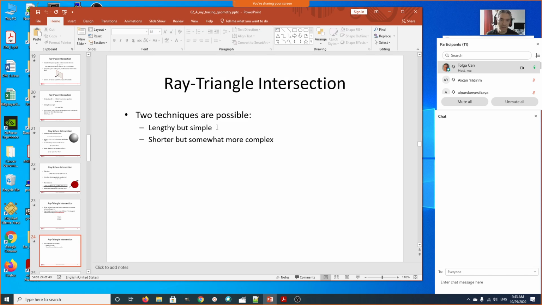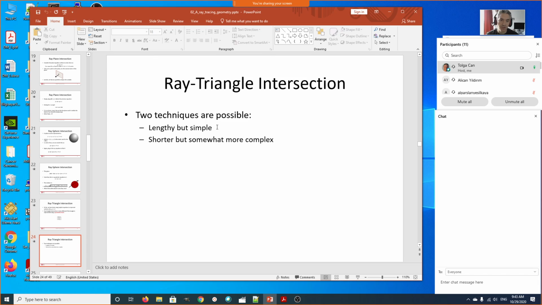The plane is infinite, it's very big. So the only way our ray doesn't intersect the plane is if it is parallel to the plane. But if it's not, then there will be an intersection point.